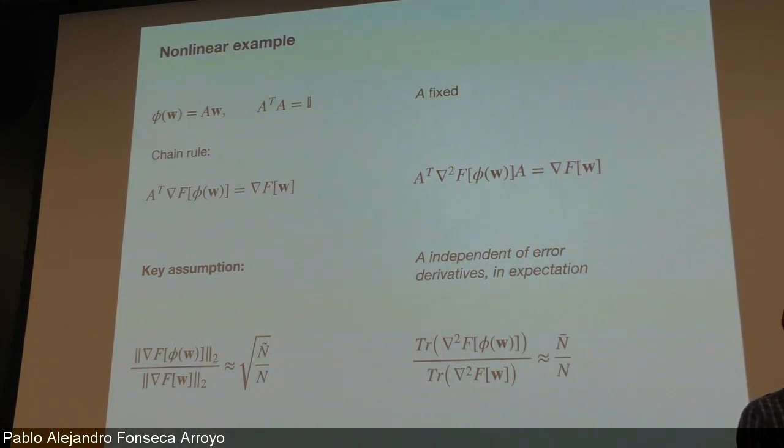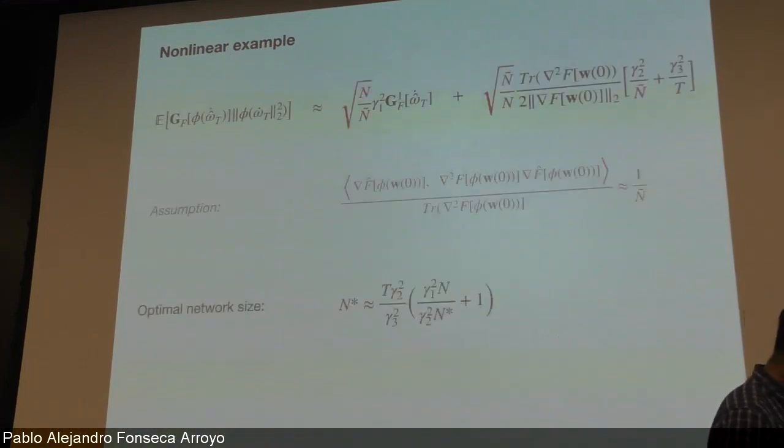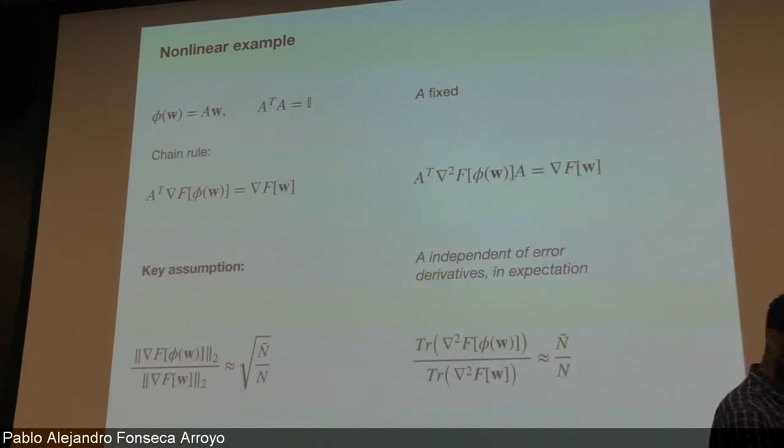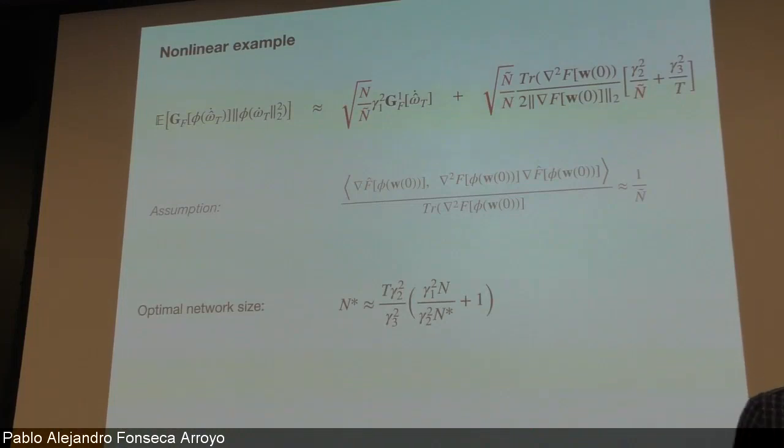If that assumption is true, then these are exact. But of course, it's never going to be exactly true because there are always going to be fluctuations, like a slightly higher projection onto one eigenvector. Given these, I can now substitute them into the local task difficulty like I did before. My new expression for the local task difficulty is a function of the old components of the local task difficulty of the untransformed mapping, and I'm going to be adding these extra terms.